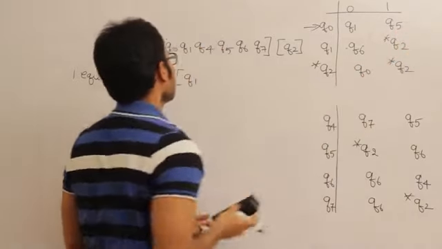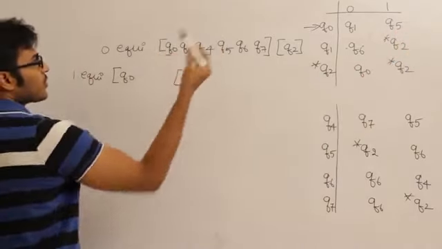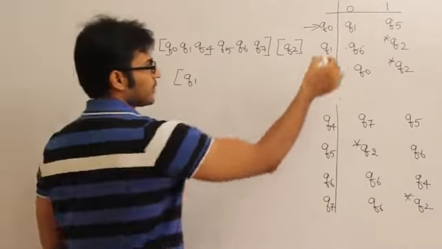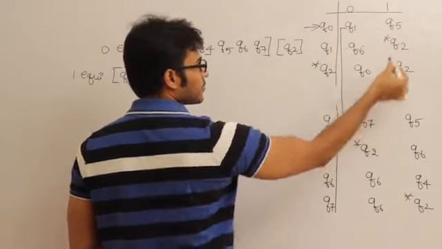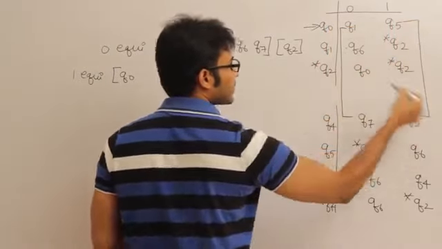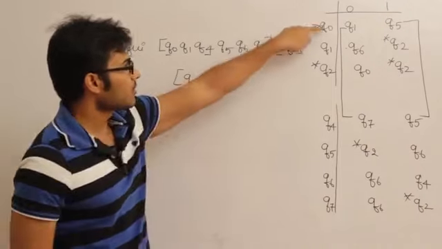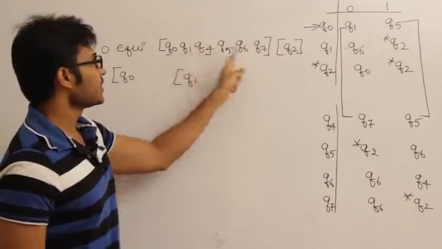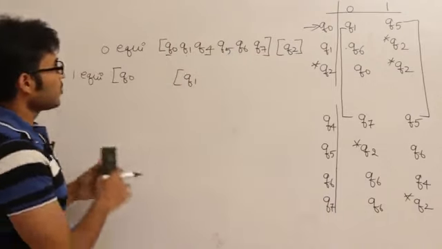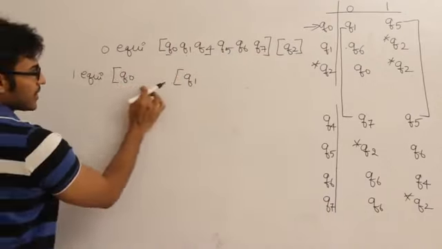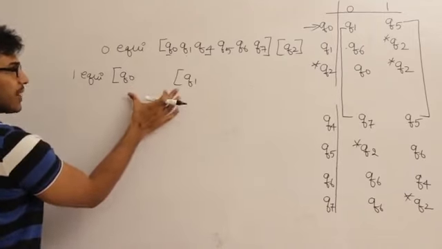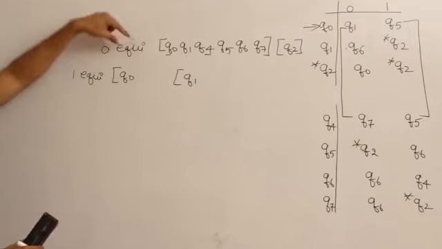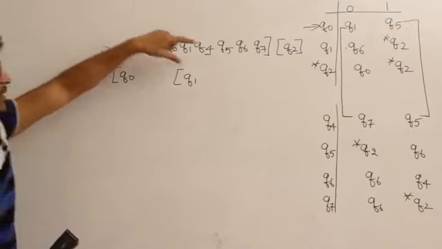Next thing is check Q0 and Q4. Q0 on 0 is going to Q1 and Q7. Q1 and Q7 are in the same group. Don't look at the partially formed groups of one equivalent when I am discussing one equivalent. When we are working on one equivalent, we will always be working from 0 equivalent and this table.